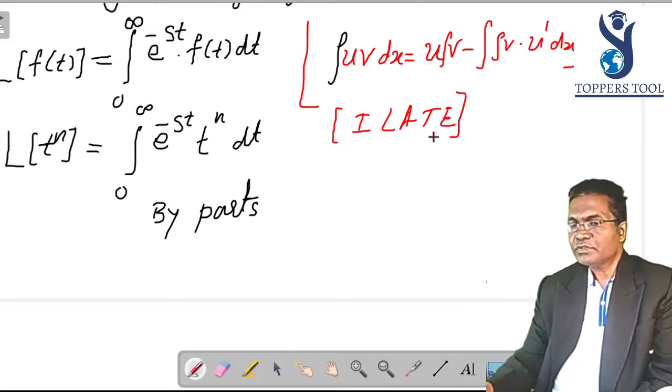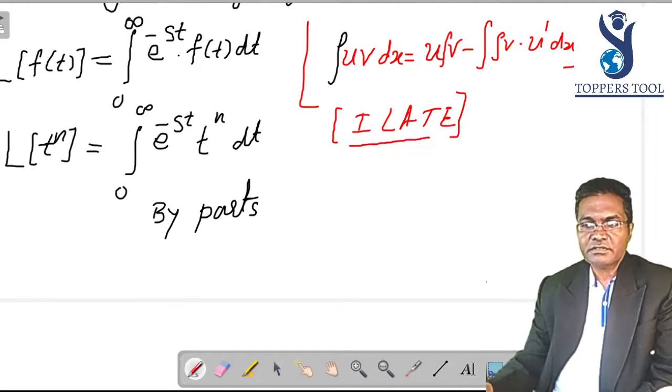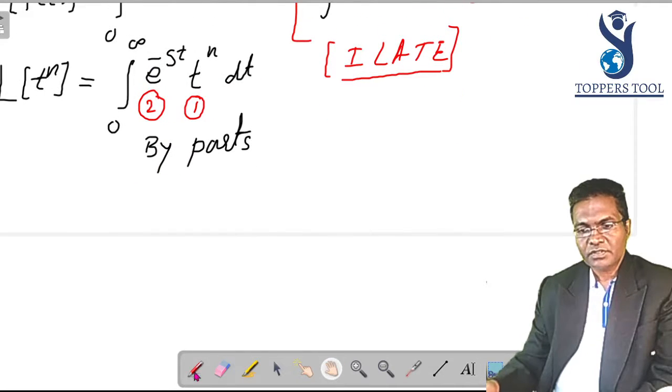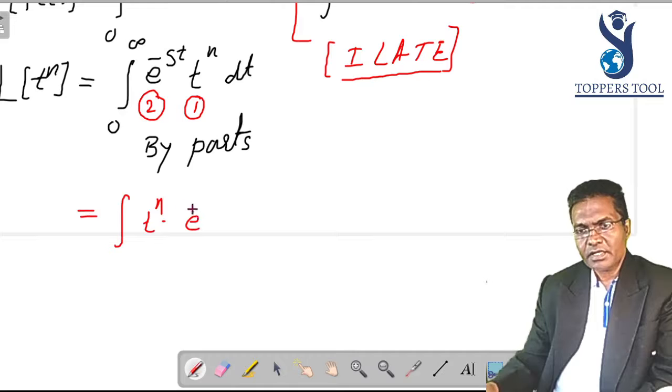Whichever function comes first according to this word, you treat that as the first function. Here t power n is algebraic, and e is exponential, so this is treated as the second function. Let me rewrite it as t power n into e power minus st dt for better understanding.